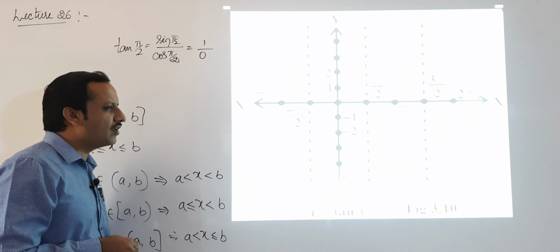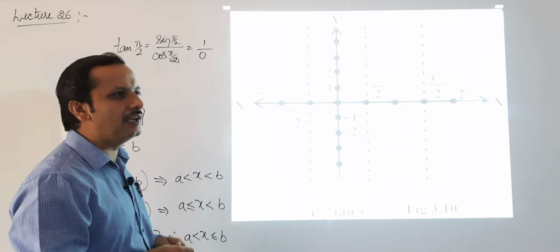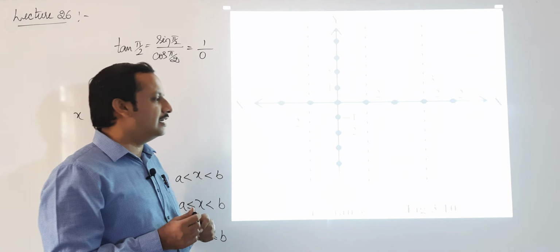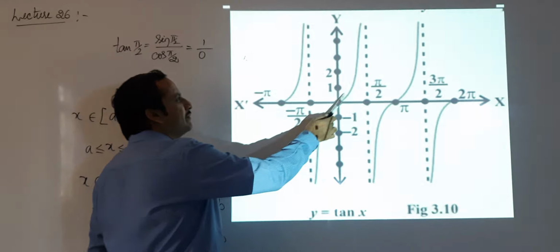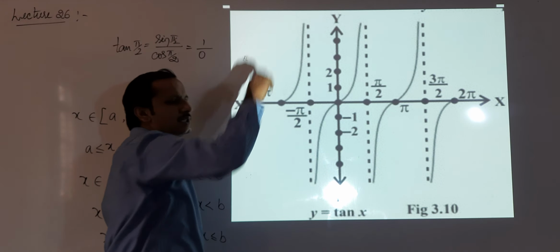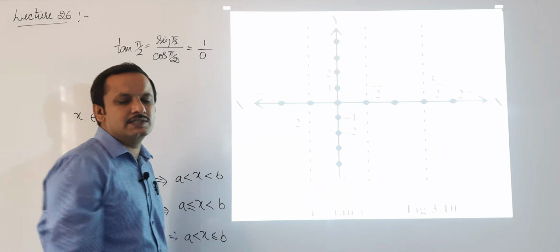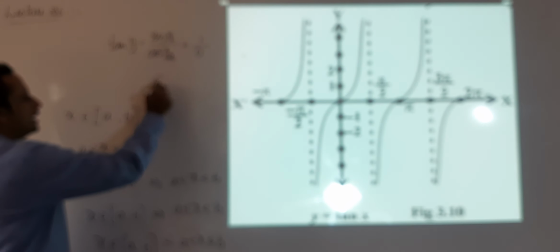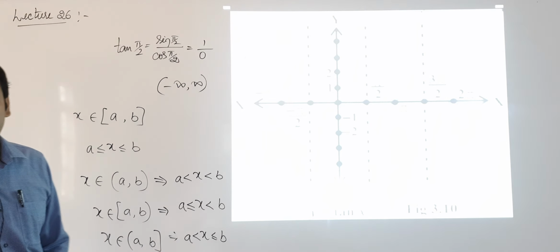Similarly, the graph of cos x also will not go above +1 and will not come below -1. Whereas tan x, its maximum value is tending towards infinity. Maximum value is infinity and the minimum value it will go down like this till -infinity. So the range of this function is the open interval -infinity to infinity.